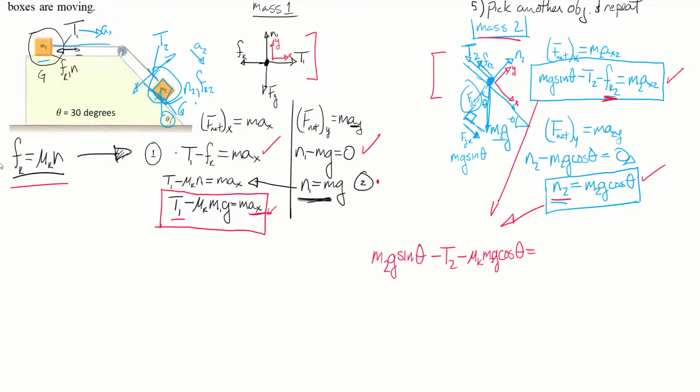And this is all equal to mass 2 times acceleration in the x direction for mass 2. So this gives us the equation we get from looking at mass 2.